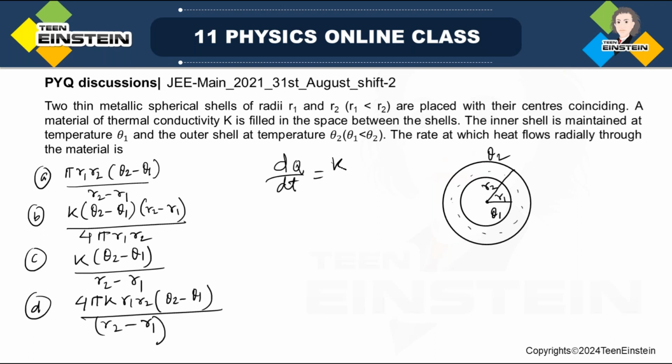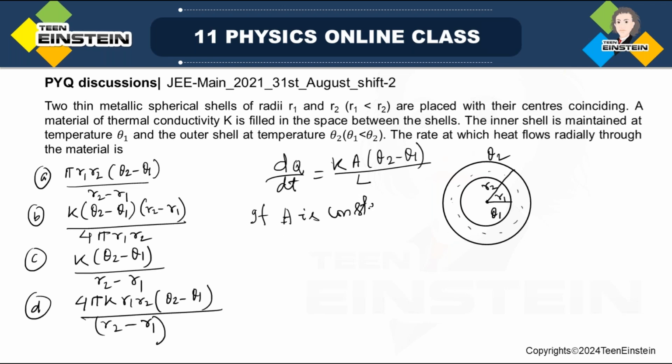It is directly proportional to k, directly proportional to the area if the area is constant, and then there will be the temperature gradient, theta 2 minus theta 1, divided by the distance, that is L. Okay, so this is in general the formula, if A is constant.